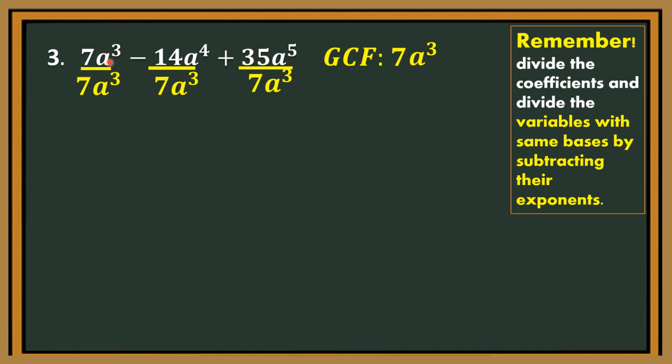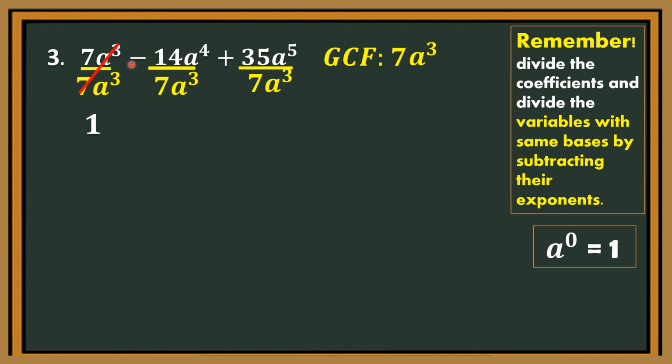A cubed divided by a cubed, same variable. We're going to subtract the exponent. 3 minus 3 is 0. If we have here 0 exponent, automatically the answer is 1. Therefore, 7a cubed divided by 7a cubed, that is 1.